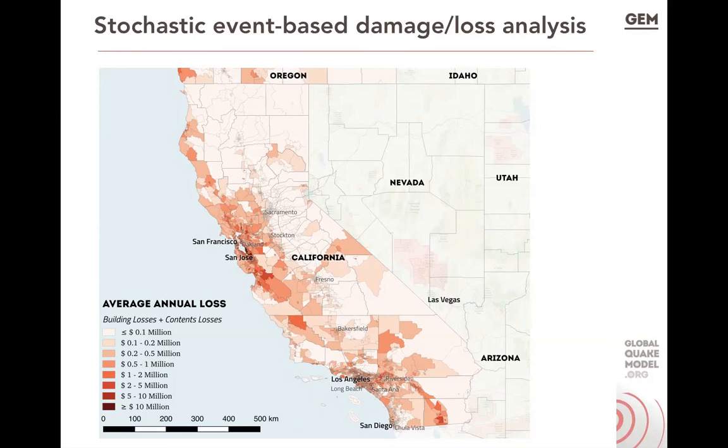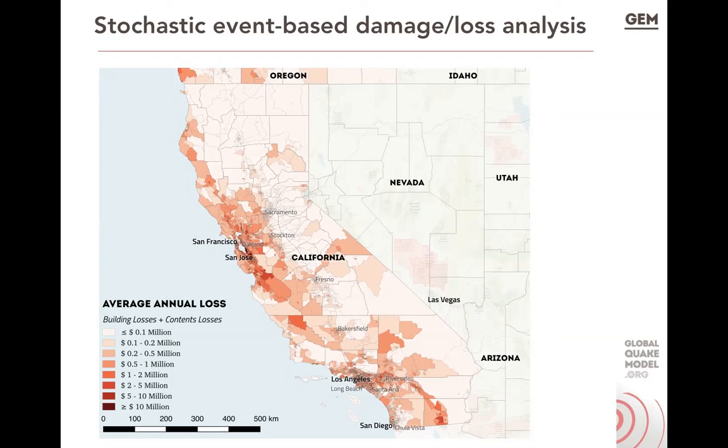So OpenQuake can also handle the most complex hazard models that you can find. So for example, the 2014 rupture forecast for California included 1,440 source model branches. And then for the 5 ground motion prediction equations, we have close to 7,200 branches on the logic tree.